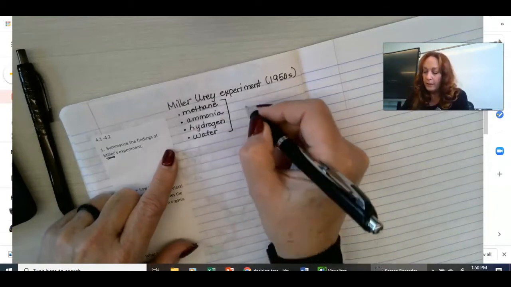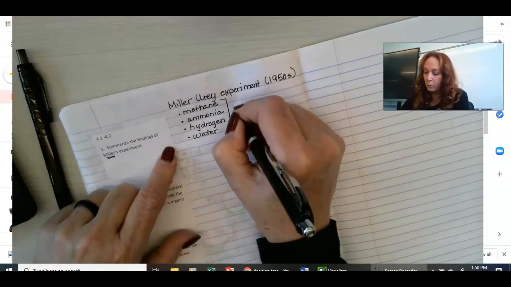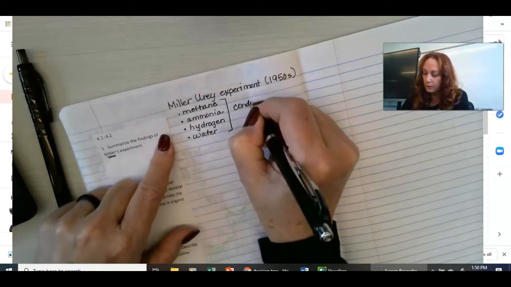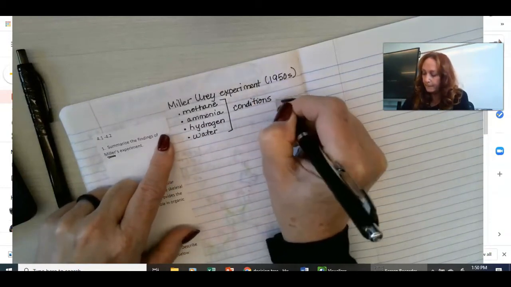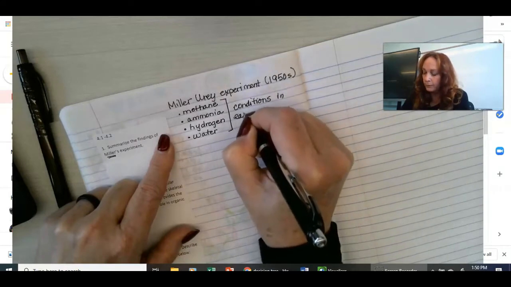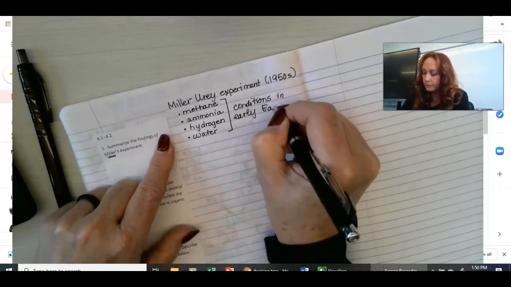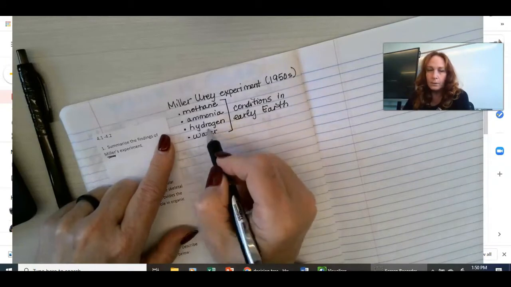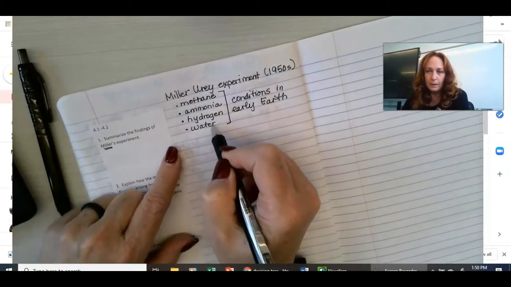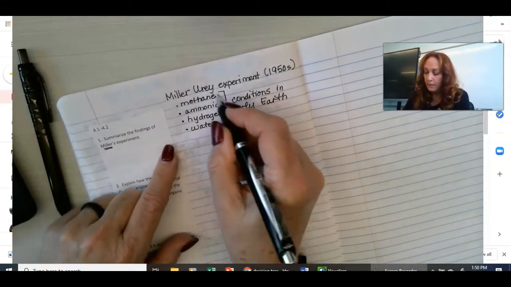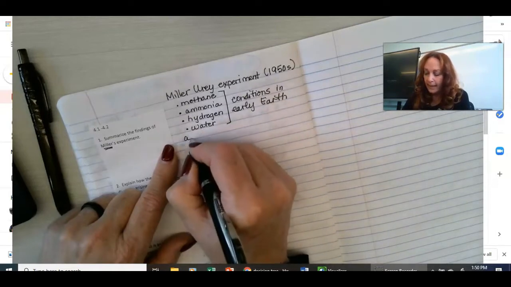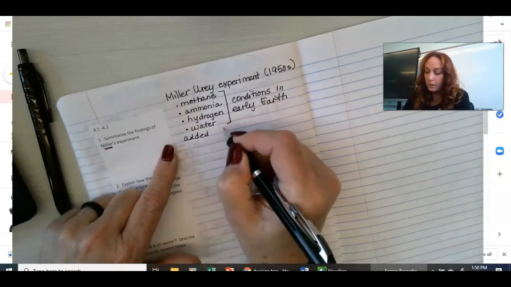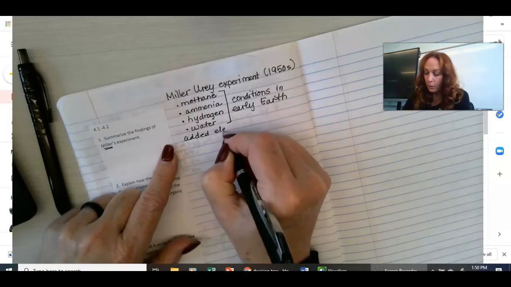So all of these simple molecules are what conditions in early Earth would have been. And then they added electricity, as a form of energy.